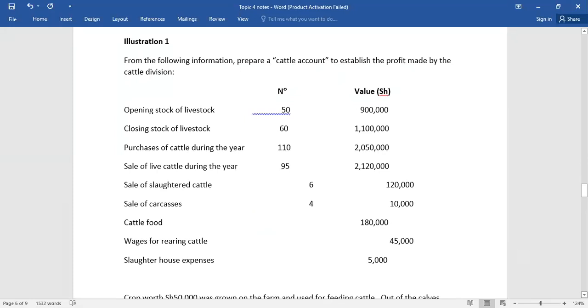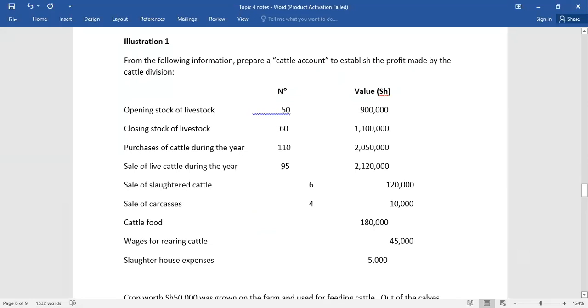So you have an illustration there. We have the information and you've been asked to prepare a cattle account. So you have the opening stock. We have 90 cows worth 900,000, closing stock 60 worth.